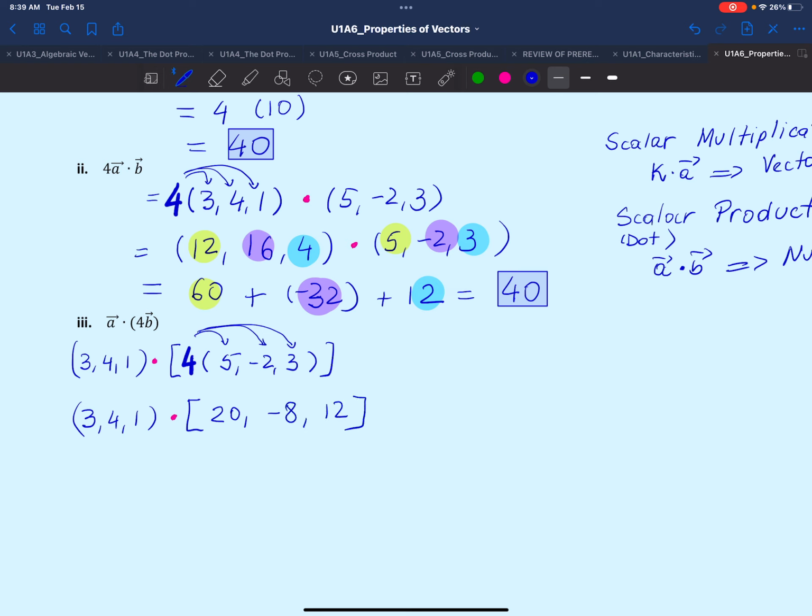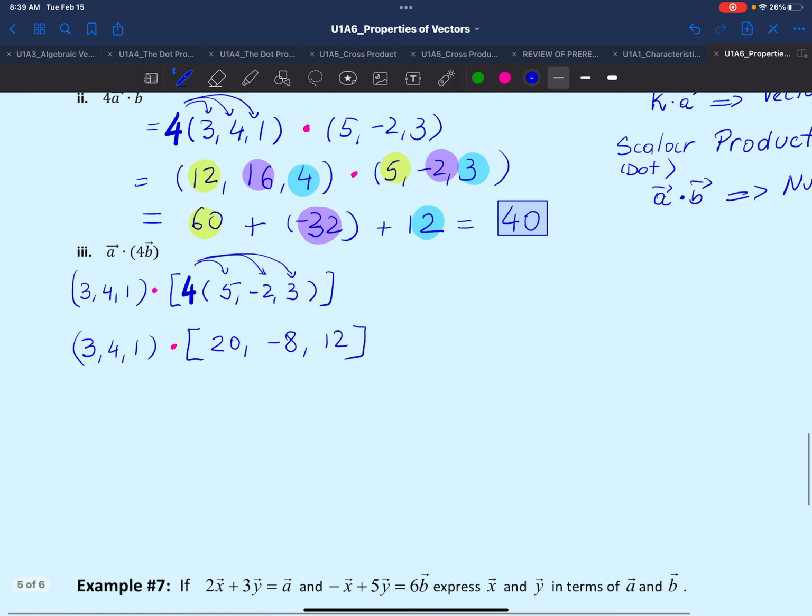Remember that we obtain another vector here, which means that we have to write the answer in a set of 3 coordinates form. So now that the vectors are in coordinate form, we can start dot producting. Again, the same drill as always, the x with the x, the y with the y, and the z with the z. So you multiply them.